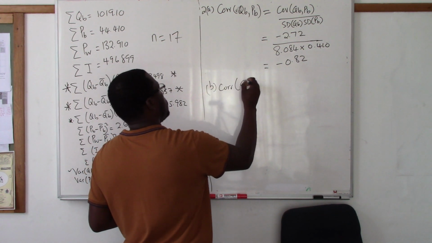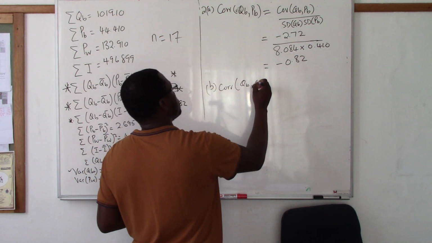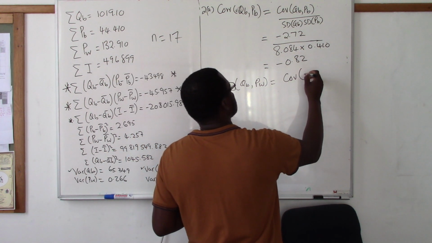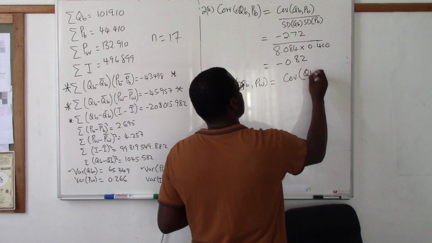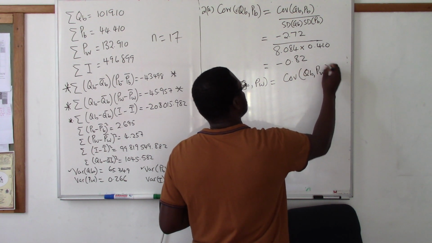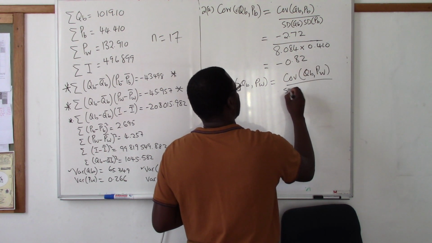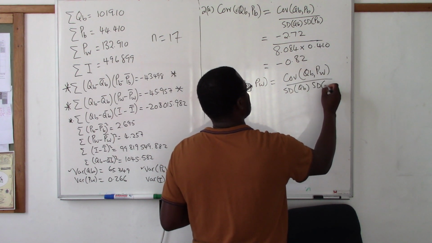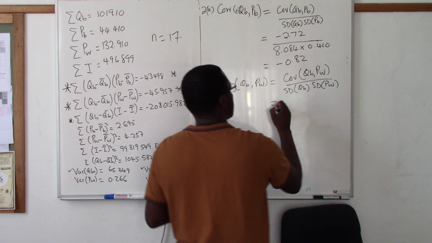So you can do the same for PW, which is the covariance of QB, PW over SD QB, SD PW.